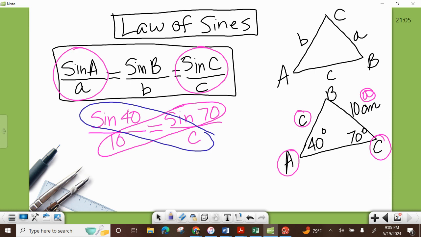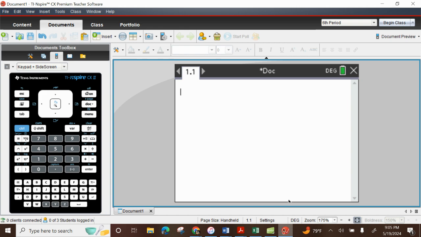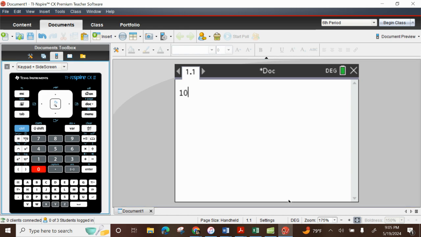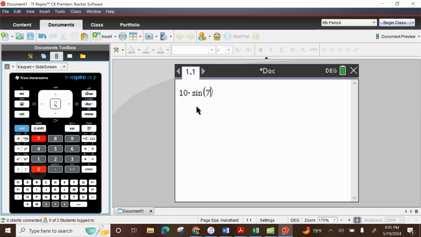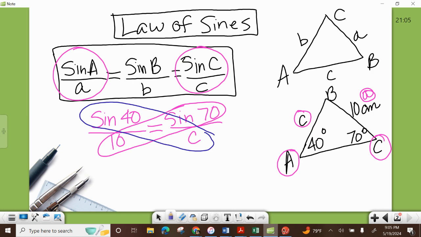The sine of 70 times 10, I'm going to put into the calculator in one shot. So it's going to be 10 times, I'm going to go to the trig menu, choose sine of 70, and that's going to give me 9.39693. Now, if you round that, it could throw your answer off fairly substantially.